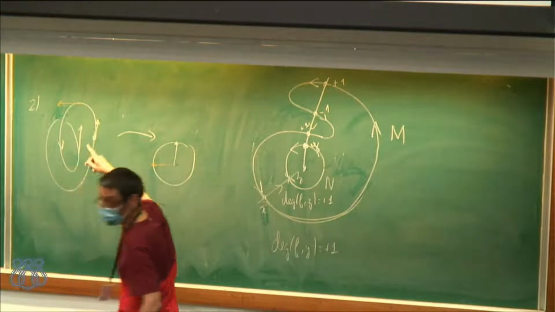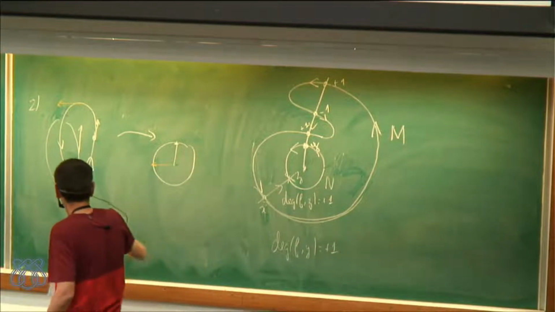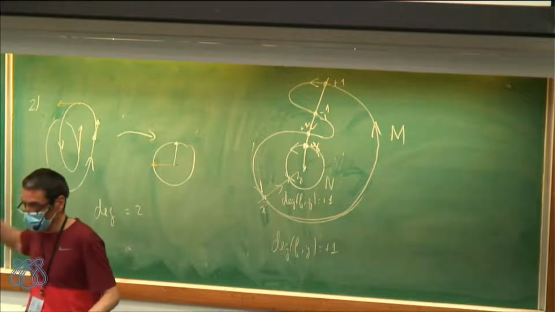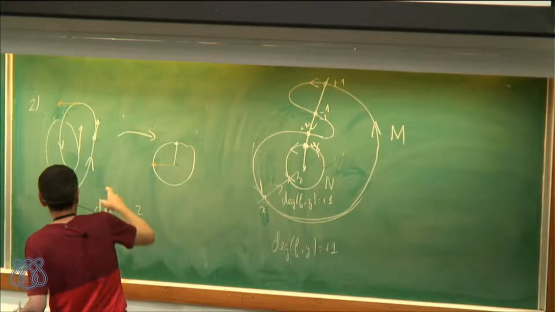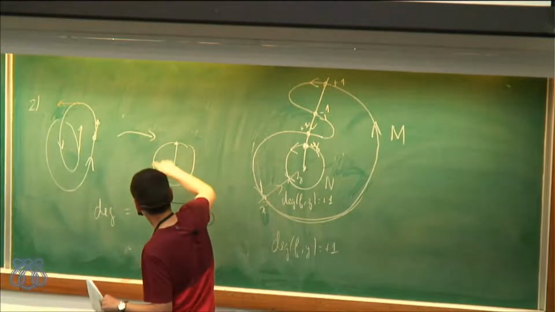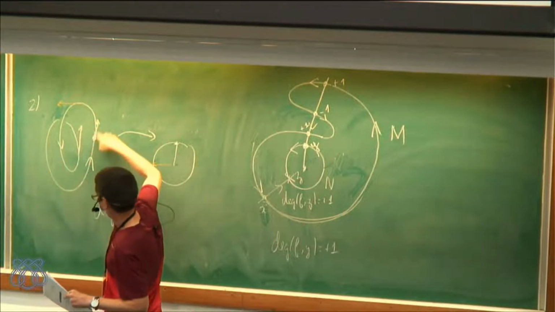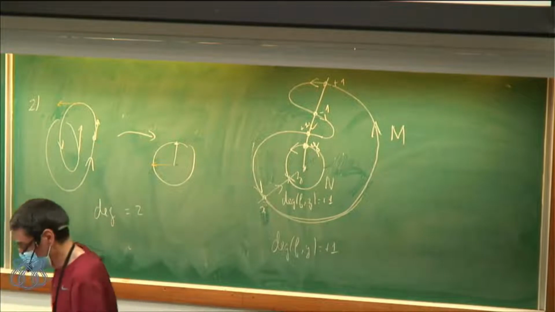And you see the orientation is preserved. So here the degree is 2. So this degree is called the rotation number of the curve. It is the number of loops you make around the sphere when you make one loop along the curve. Okay.